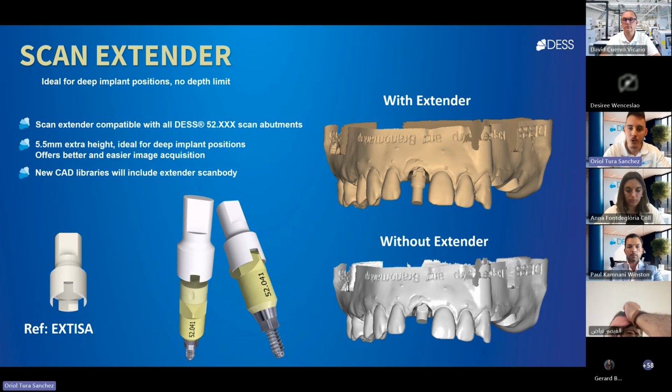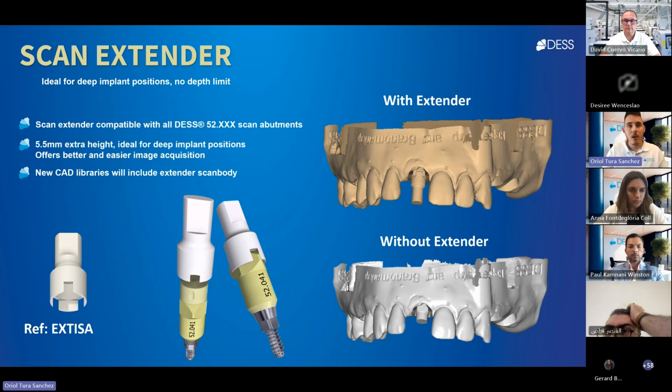So to solve that issue, we developed the scan extender. The scan extender is a universal piece that fits on top of all the DESS scan bodies, all the 52 line, and increases the length around 5.5 millimeters, as we can see in the upper image, making it easy to get the perfect scan and ensuring a perfect alignment.